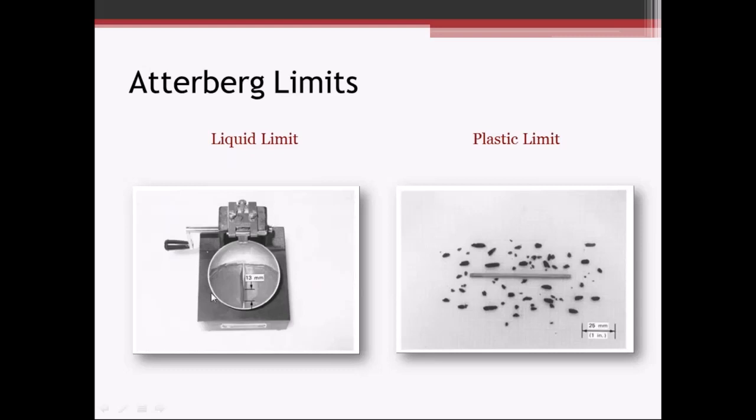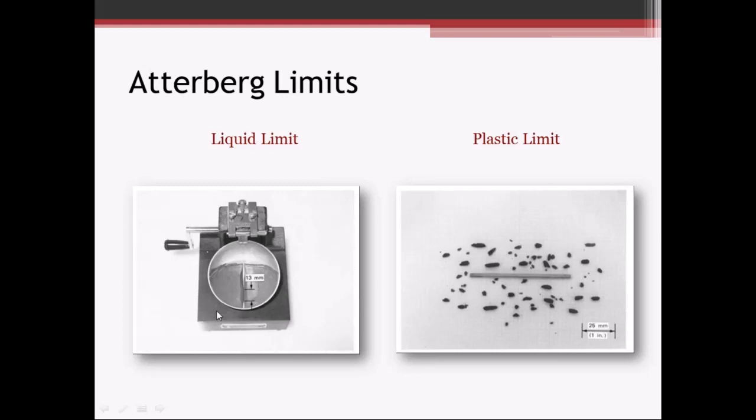So the photo on the left is the apparatus for determining the liquid limit. The soil is put in the brass cup. There's a grooving tool that makes a groove in it. Then this handle is cranked, which allows the cup to move up and down on the base plate.